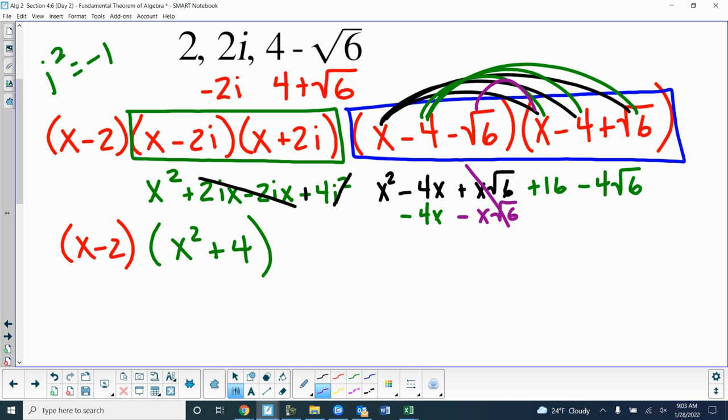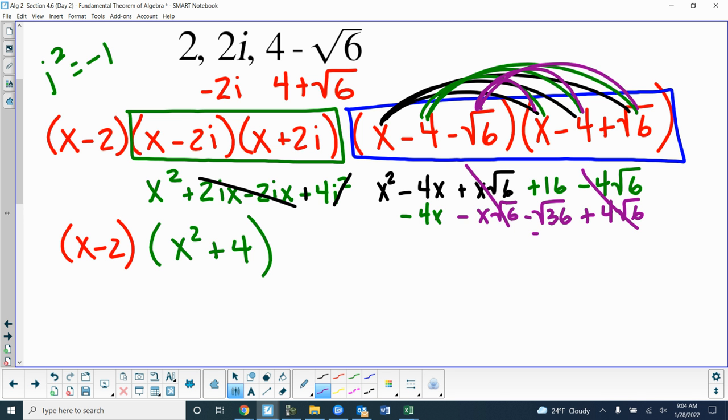And then I go negative radical 6 times negative 4, which is a positive 4 times the square root of 6. What happens to those? They cancel. All right? And what's negative radical 6 times a positive radical 6? What is the square root of 36? 6, right?